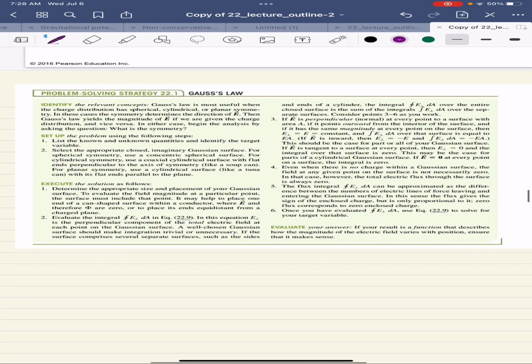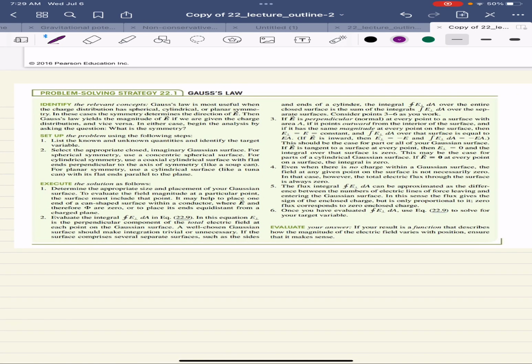This is the problem-solving strategy using Gauss's law. We have to list the known and unknown quantities and identify the target variables. We also should choose the size and placement of the Gaussian surface.